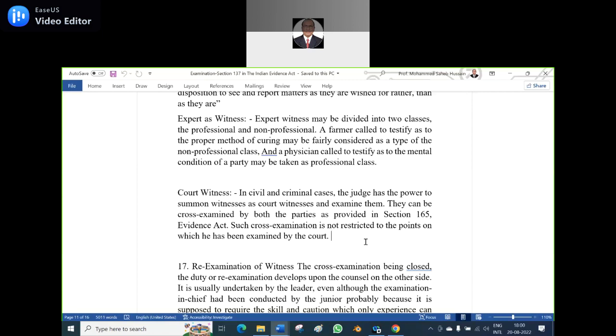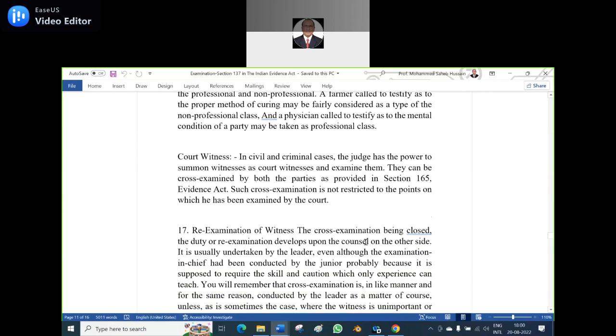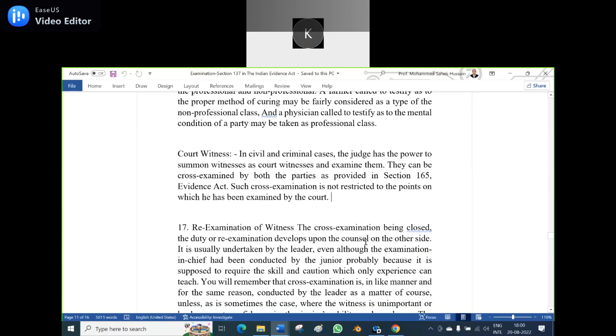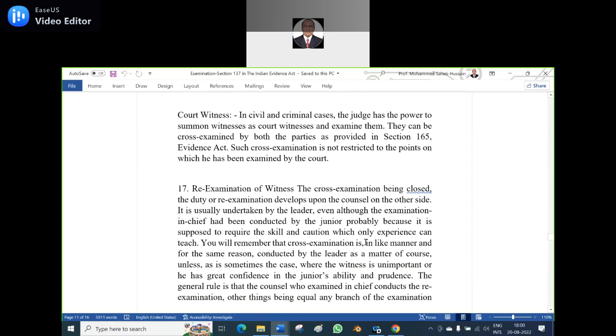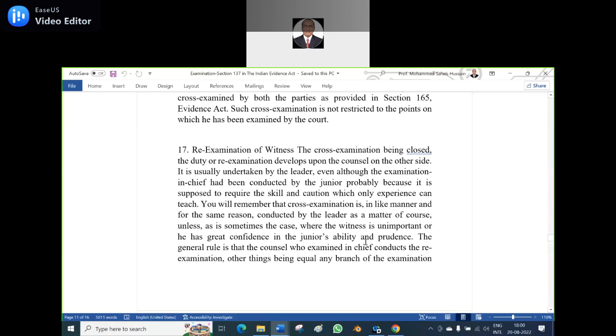Yes. So Section 165 clearly says such witnesses may be cross-examined, not restricted to the points on which he has been examined by the court. Both the parties can examine in chief, cross-examine and re-examine also, provided there is such material they want to get from the witness. Re-examination of witnesses we already dealt with. When something has come out or the cross-examination is closed, the duty of re-examination develops upon the counsel on the other side.